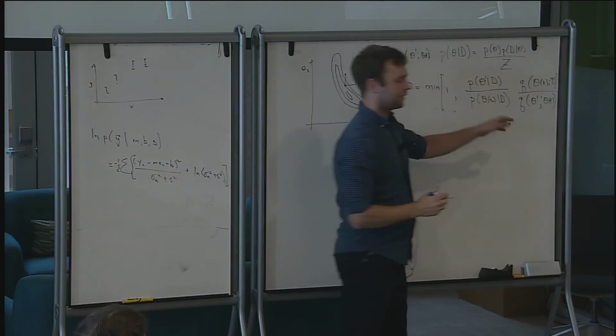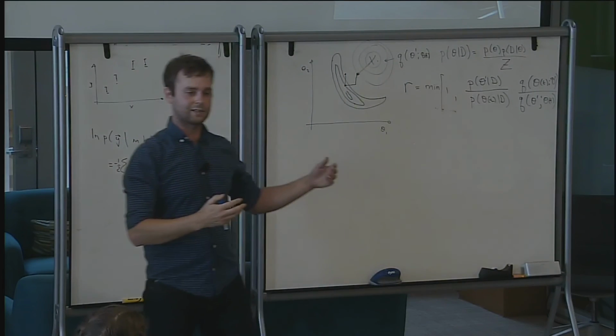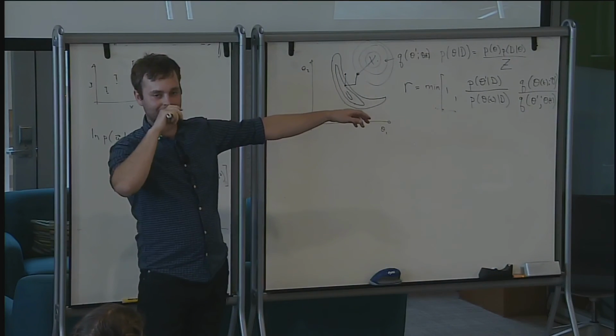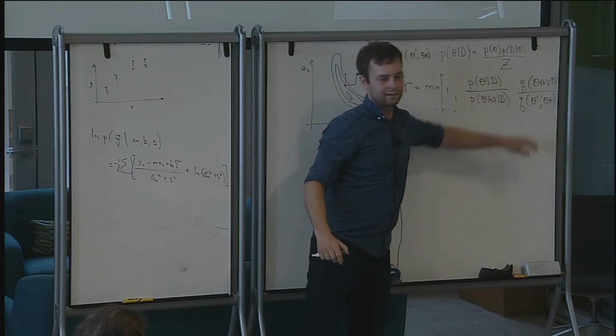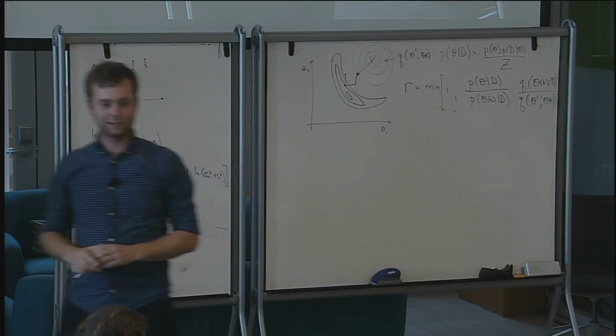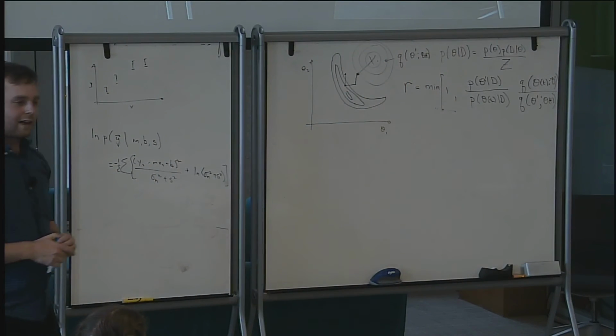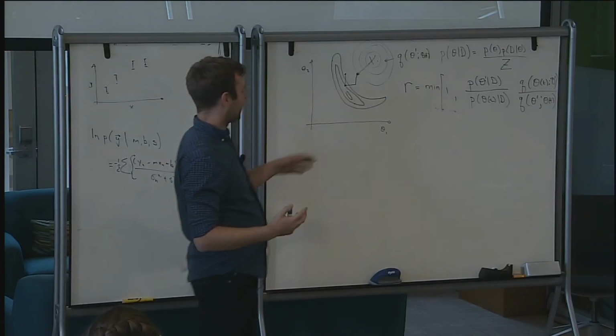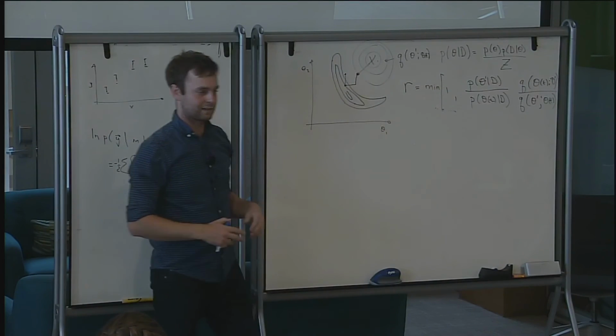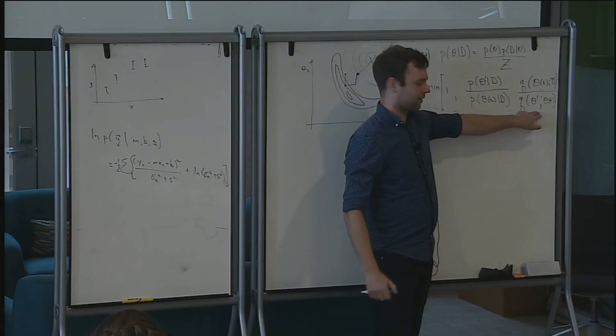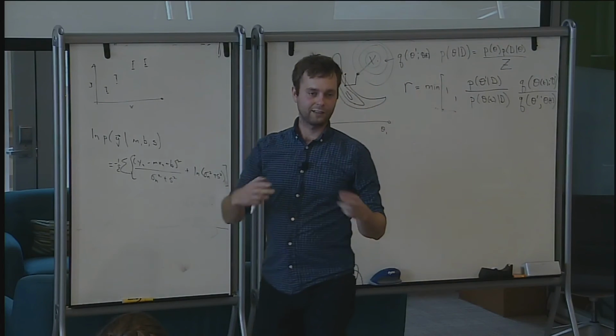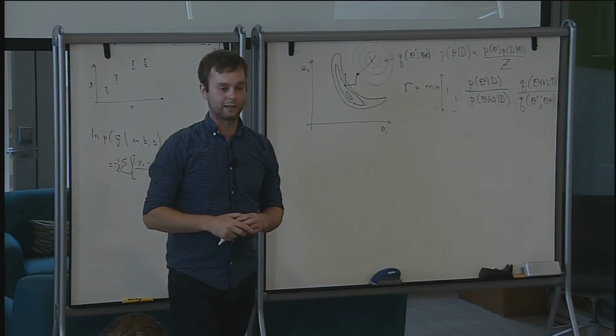But you'll see that since we're using a Gaussian, this would actually cancel, and this term would be just 1. So that's why I didn't need to include it in the first case. But if you were using something more complicated, if you had a better way of making proposals, for example, you might have to compute this term, and that would be a way that you would adjust the acceptance probability.